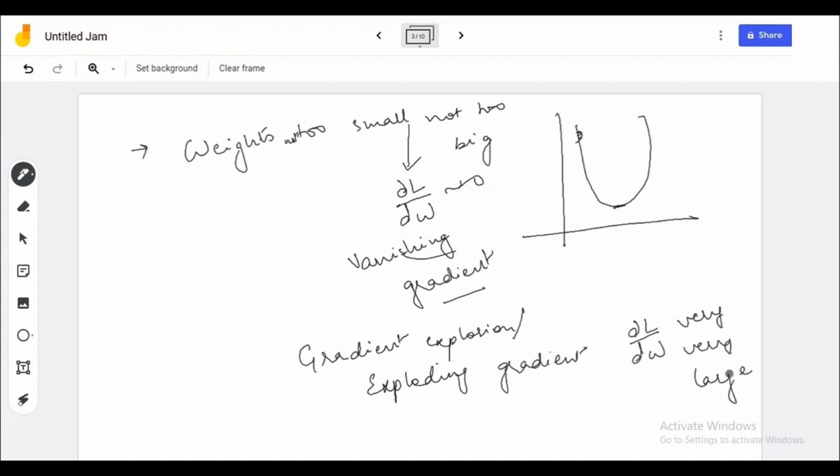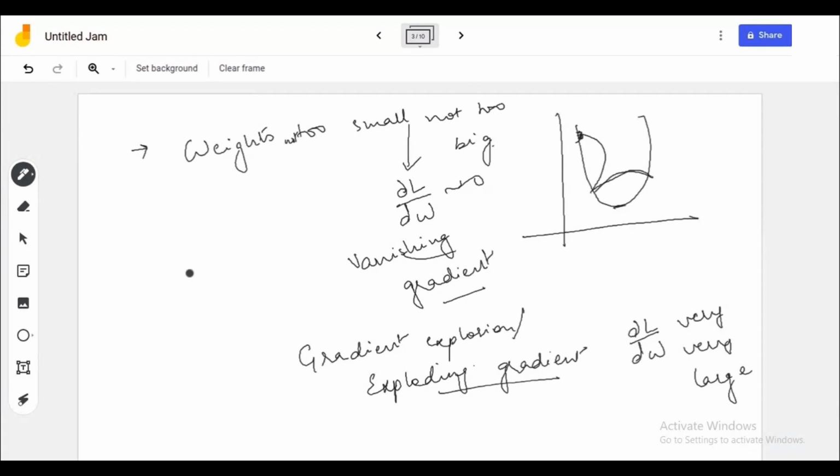If this is very large, the update will become very haphazard. Let's say we are here, so we'll take a very big step down. The next turn we'll again take a very big step. Suppose we realize we have come forward a bit, so we want to go back, but since the steps are very big, we'll again go back by this whole big step. This problem is known as the exploding gradient problem, and this happens when the weights are too big.